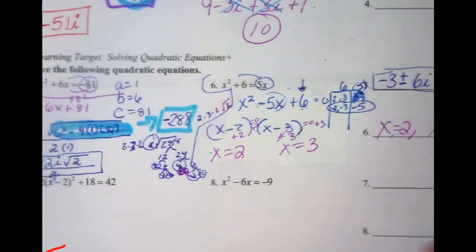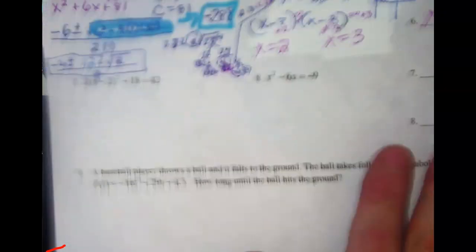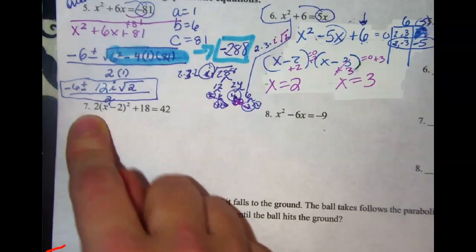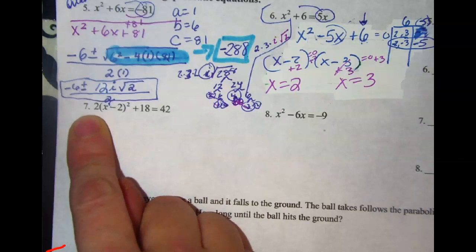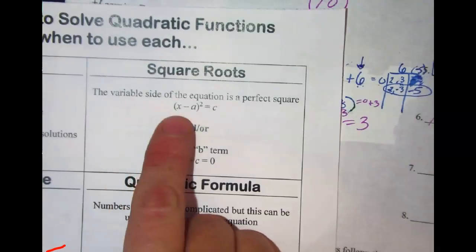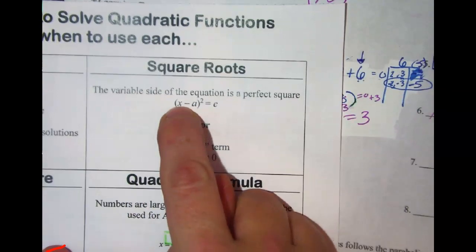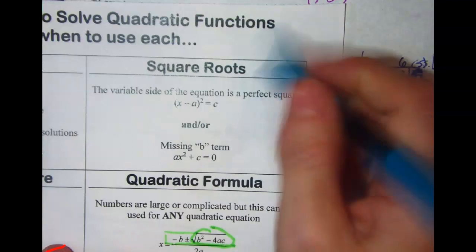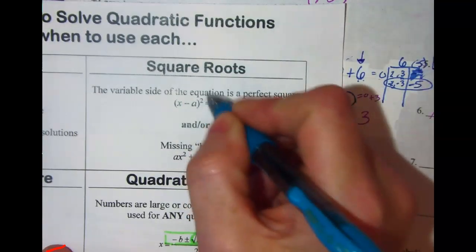Let's look at 7. Now, if you can tell from 7, it's in a certain format, right? We call that vertex form. And we also know when we see it in the square roots, can you guys see whenever you have this, that one side of the equation is in a perfect square, meaning this part right here?